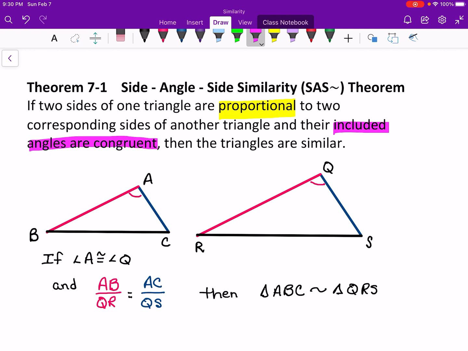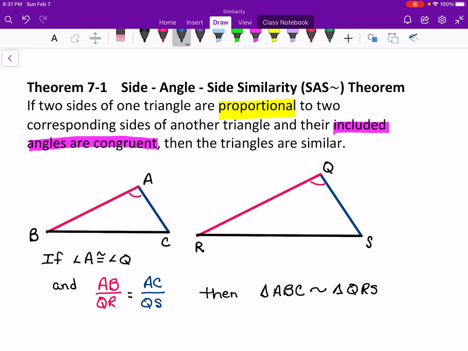Can't be any other angle. It has to be the angle that is between those two proportional sides. So it goes a side, then an angle, then a side. Proportional sides, congruent angles, then the two triangles are similar.